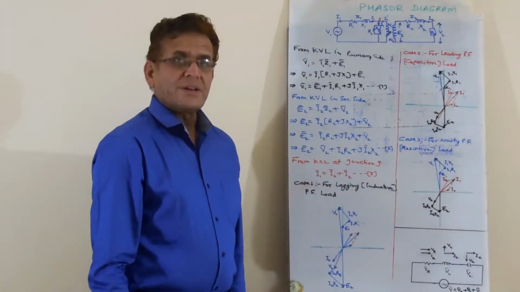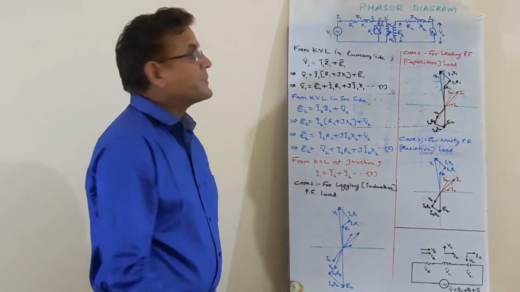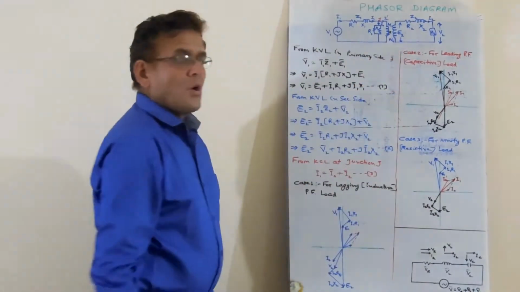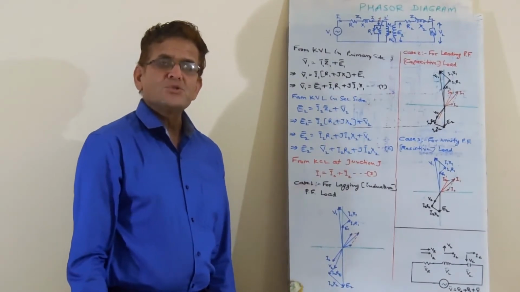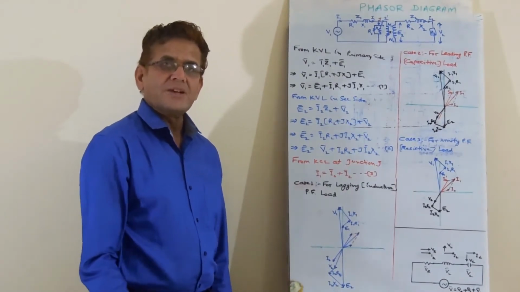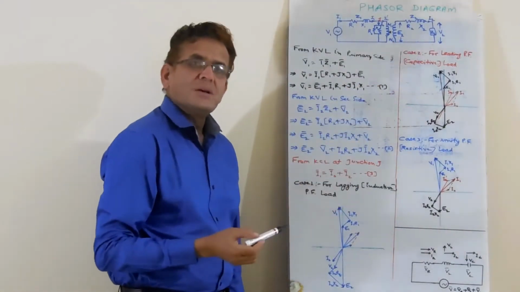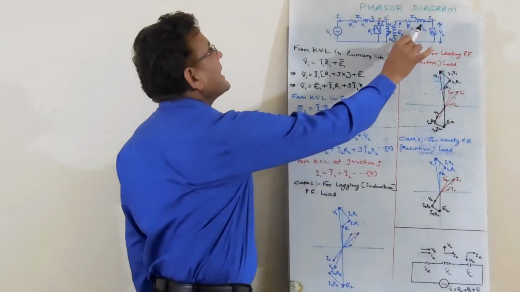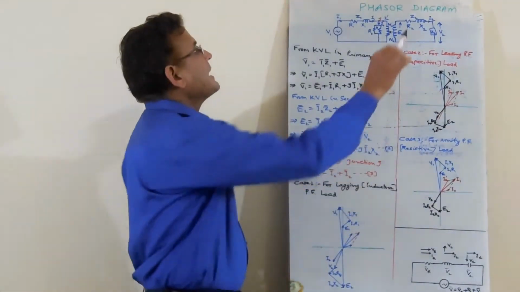Now in secondary side, number of turns in secondary is N2. Voltage induced across secondary winding is called mutually induced voltage E2. R2 resistance of secondary winding. X2 leakage reactance of secondary winding.